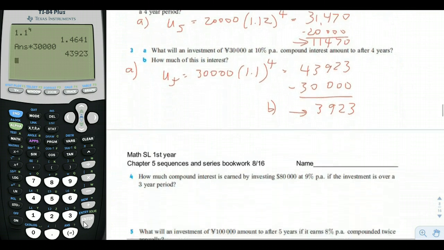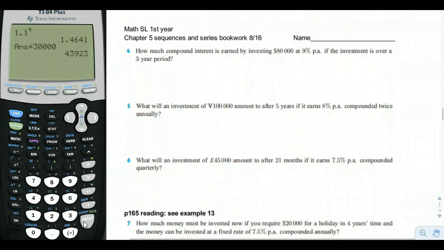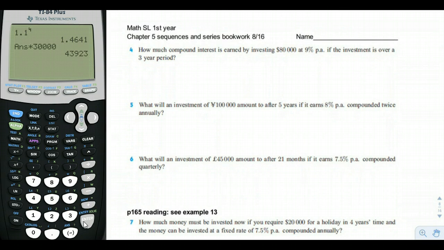Okay, next page. How much compound interest is earned by investing $80,000 at 9% if the investment is over a 3-year period? So now we're doing U4. We always put one more than the compounding period.